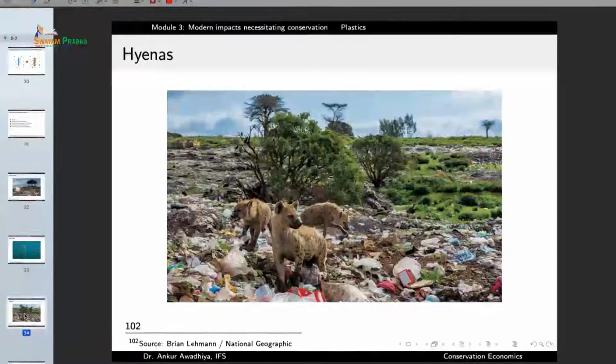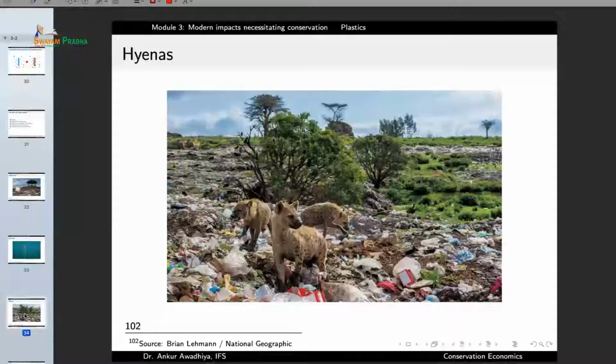In a number of cases, we find that animals are reaching into these rubbish dumps in search of prey, such as rats, and now they are getting more and more exposed to these plastics. We have the natural habitat of the hyena that has been disturbed, but at the same time, the behavior of these hyenas is also now getting disturbed because now they will look at plastic as something very natural and probably they will interact with these plastics.